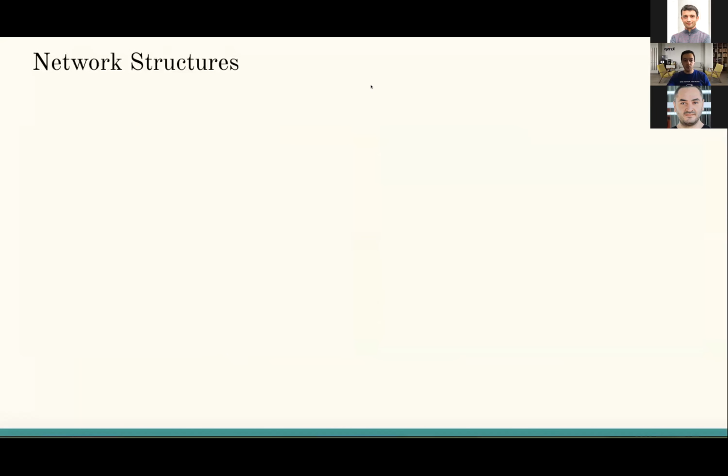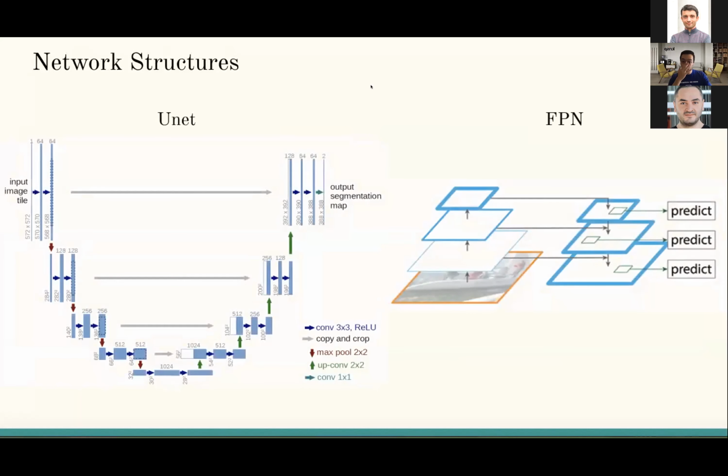First, let's talk a little about what kind of networks are good for video segmentation. There are some of them, like UNet or feature pyramid net-like networks.